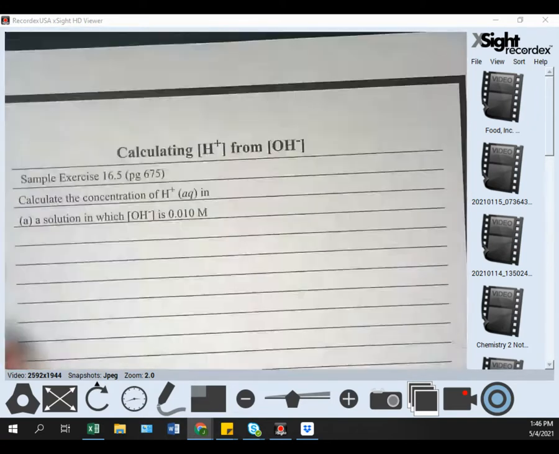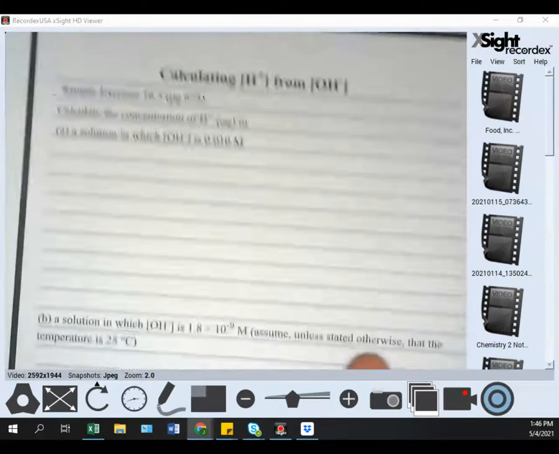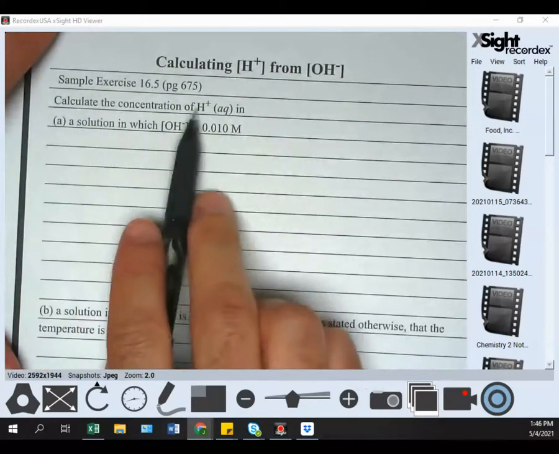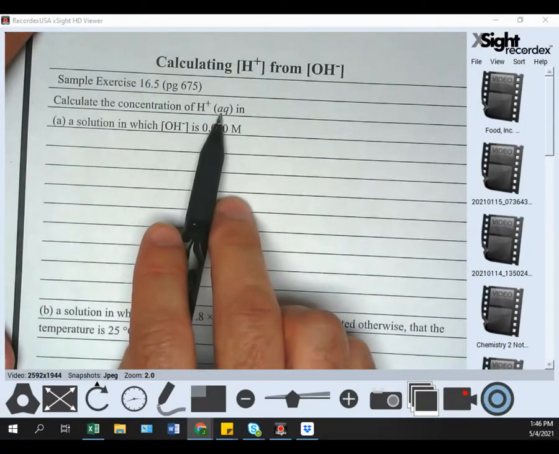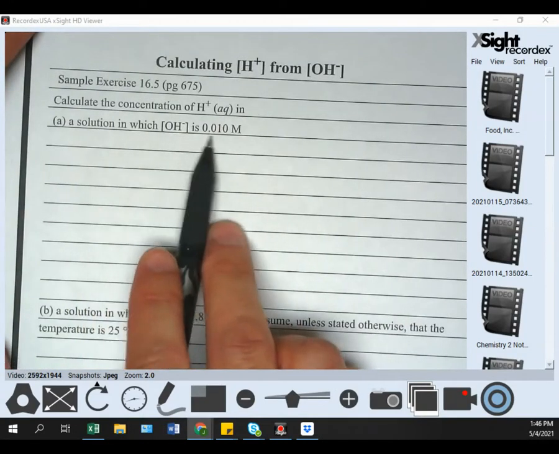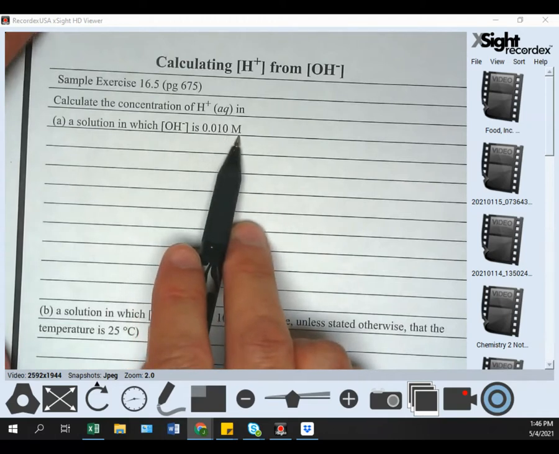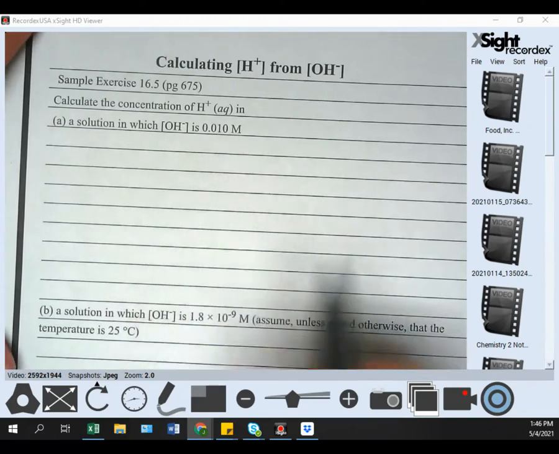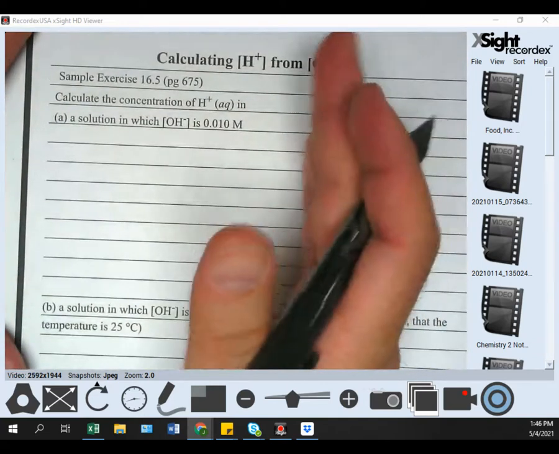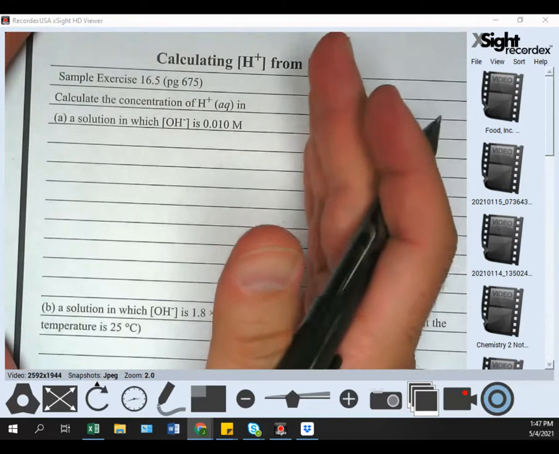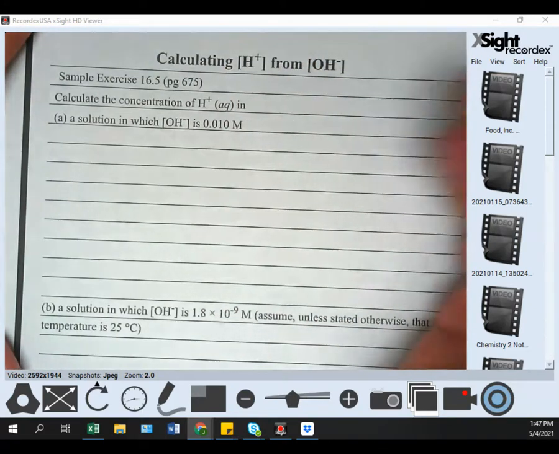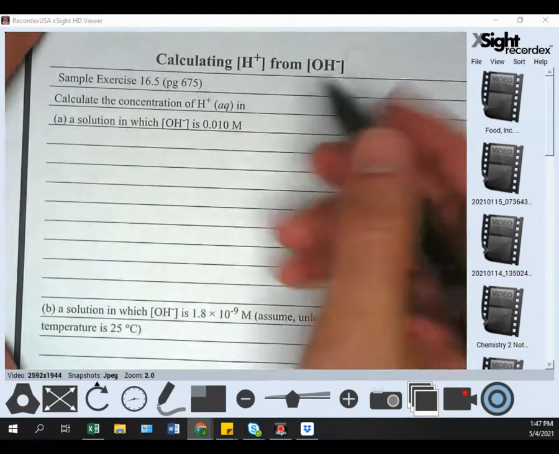Okay, so calculating hydrogen concentration from hydroxide. So calculate the concentration of hydrogen aqueous in a solution in which hydroxide is 0.010 molar. Okay. Now, in reality, this is really the same thing you were just doing, except instead of saying acidic or basic, which we could still do, you're just calculating it out.